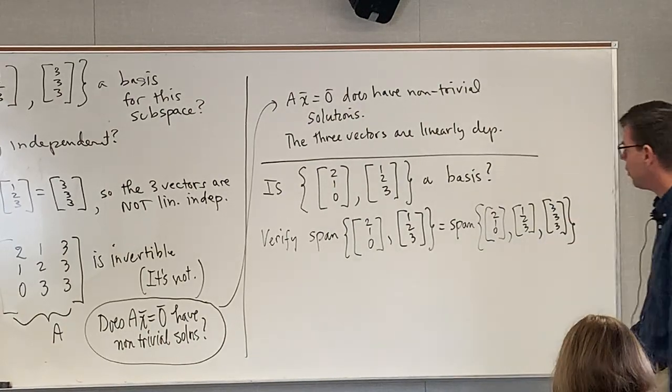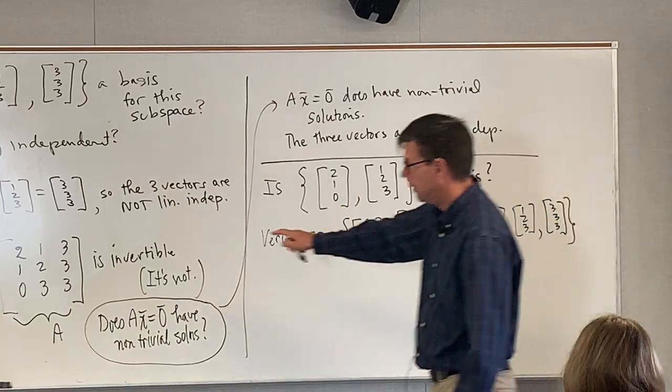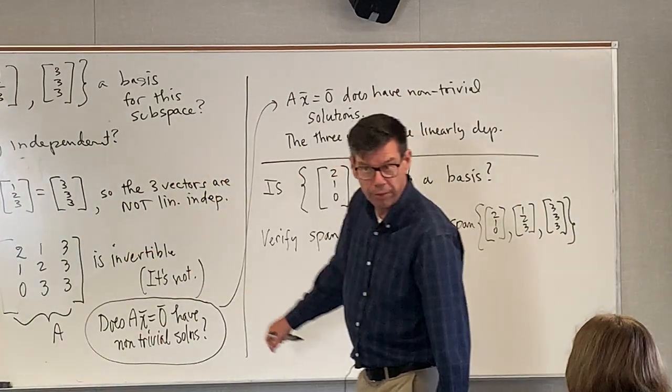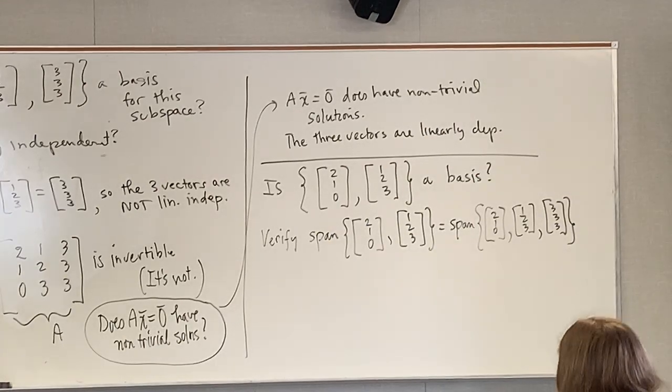So that if we remove that 3, 3, 3 vector, the span is the same. And I mean, this statement, again, is a shortcut way to show that, because you can get the third vector from adding the first two.